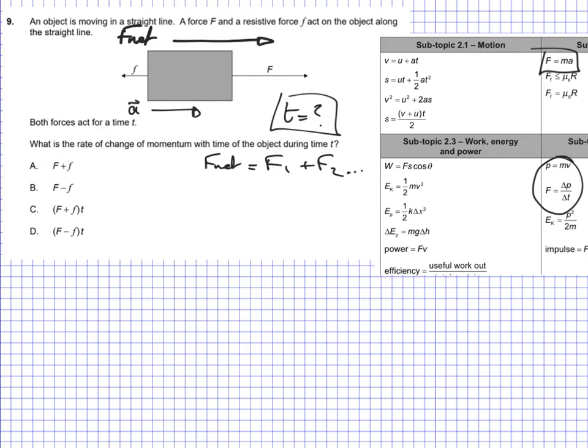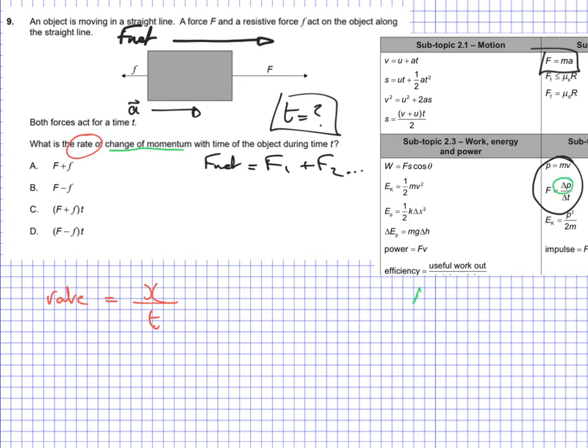Whenever you see the rate, hopefully you're thinking that the rate is always going to be some value divided by a time. It might be the rate of acceleration, the rate of change, whatever that might be. Normally they're dividing it by a time frame, so this is a key word. What is the rate of change of momentum? Well, change of momentum is over here, isn't it?